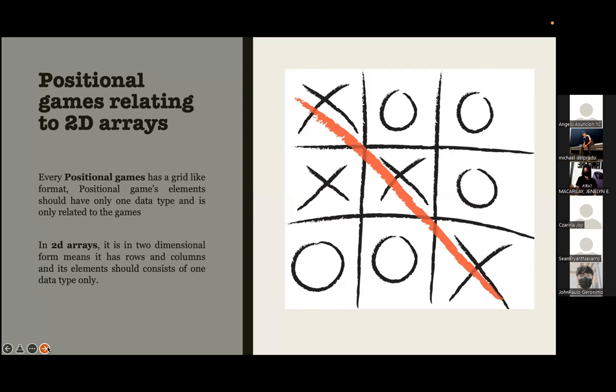Every positional game has a board; for a positional game, elements should have only one data type and be related to the game. A 2D array is in two-dimensional form, meaning it has rows and columns, and its elements should consist of one data type only.